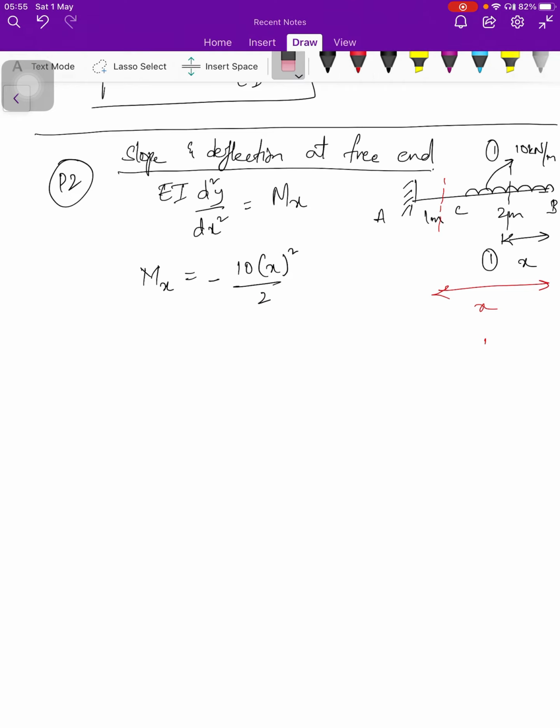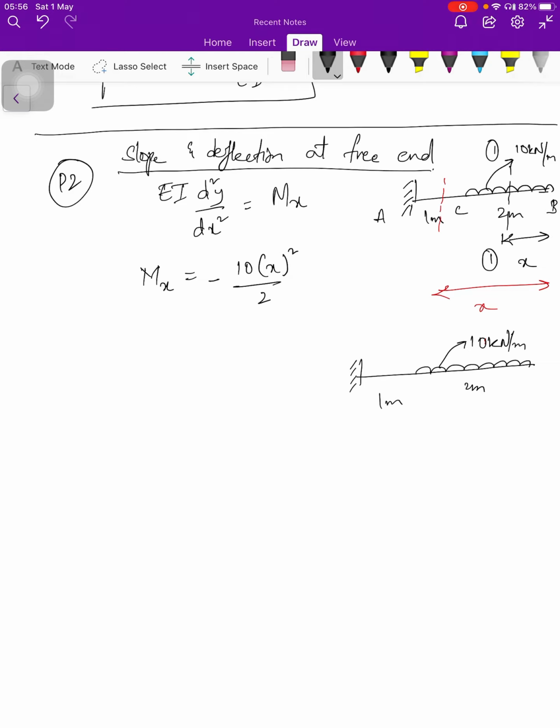So what is to be done in this case is, I'll draw a bigger figure for you to understand. See here, you have a UDL of 10 kilonewton per meter, 2 meter and 1 meter is given to you. So what is to be done?